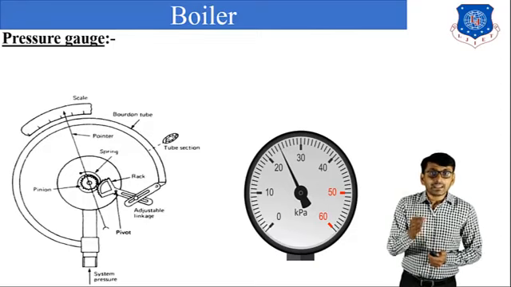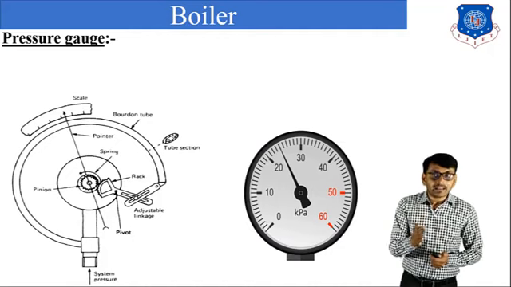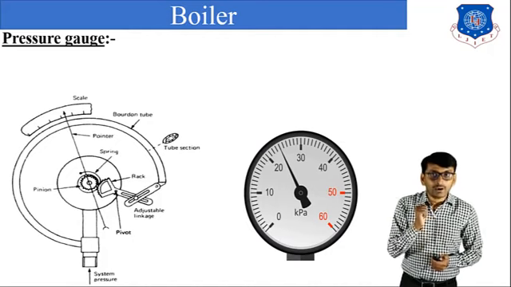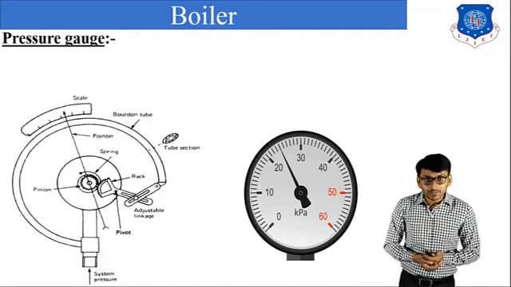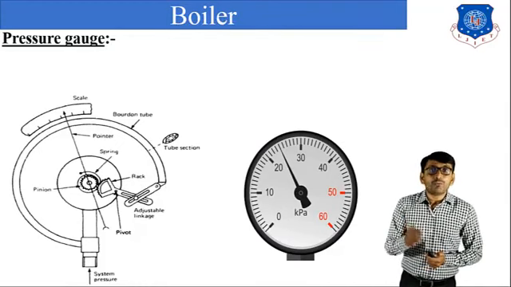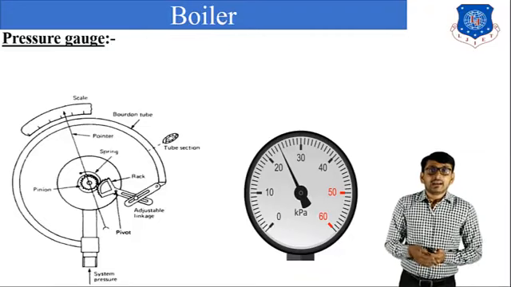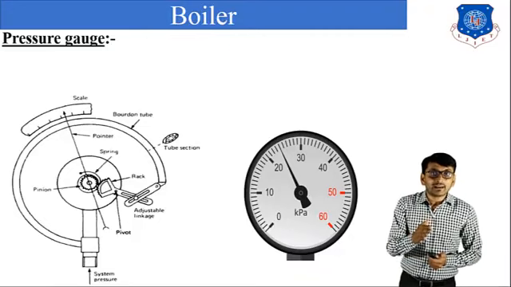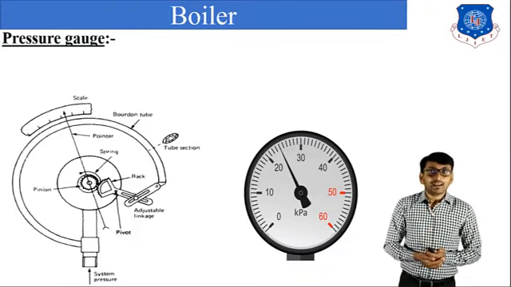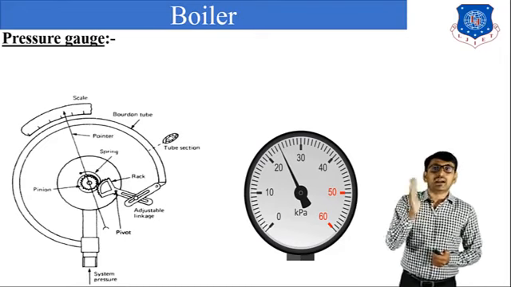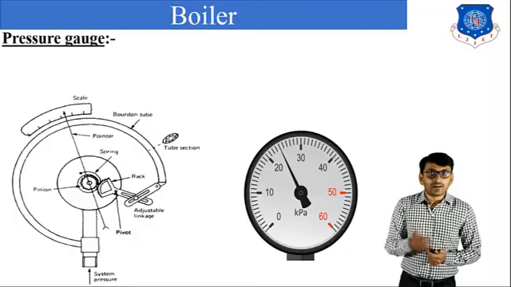So when steam pressure enters into the Bourdon tube, according to the steam pressure, the length of the Bourdon tube changes, and due to this change, the rack and pinion gear also rotate, and due to this rotation, the pointer also deflects. The end of this pointer is on the reading scale.